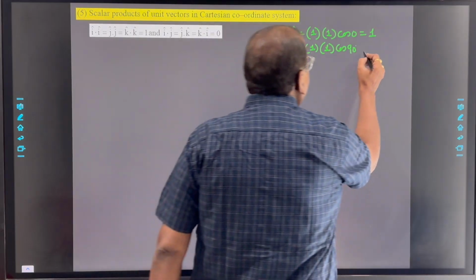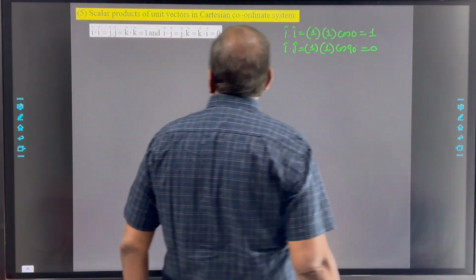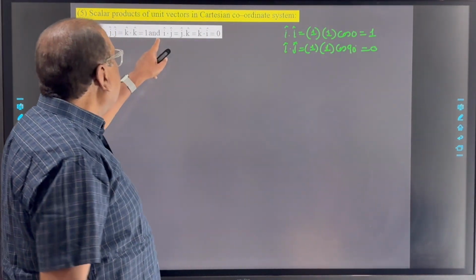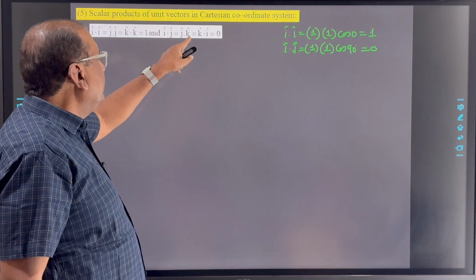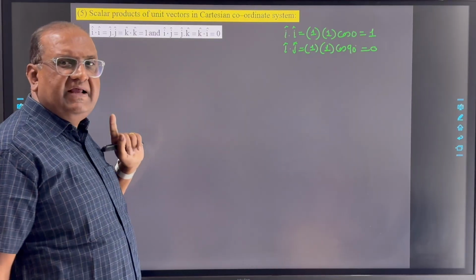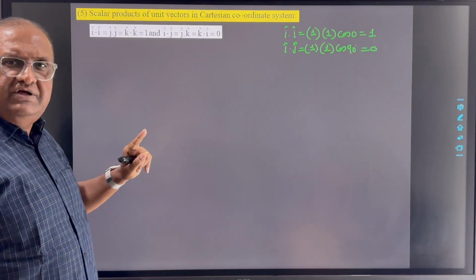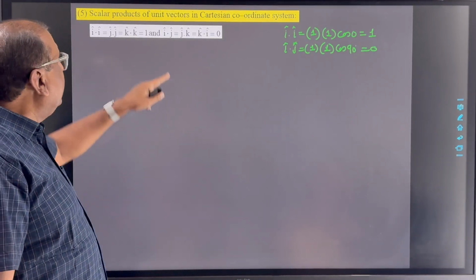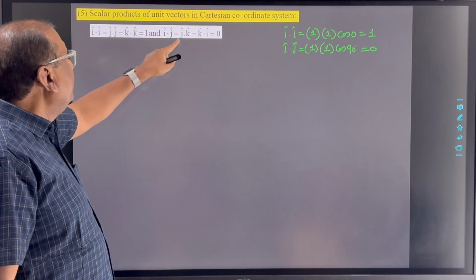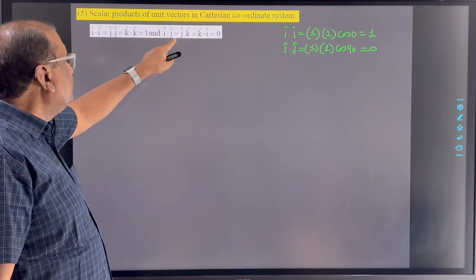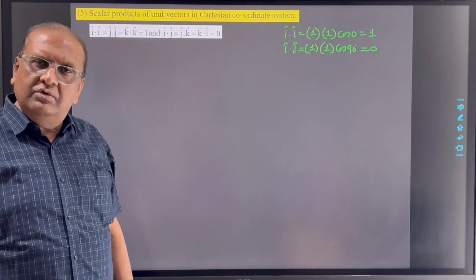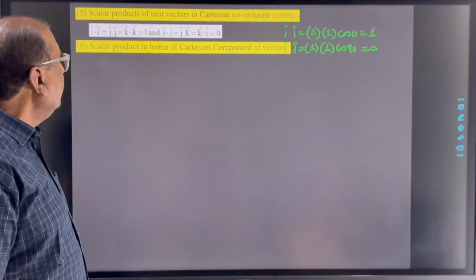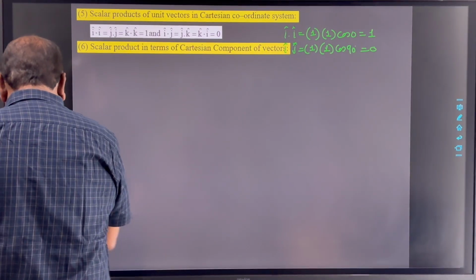So this is equal to 0. So we can write i dot j is equal to j dot k is equal to k dot i, and that is equal to 0. And here we can write j dot i is equal to k dot j is equal to i dot k, that is also equal to 0. Simple thing. Clear? Okay.